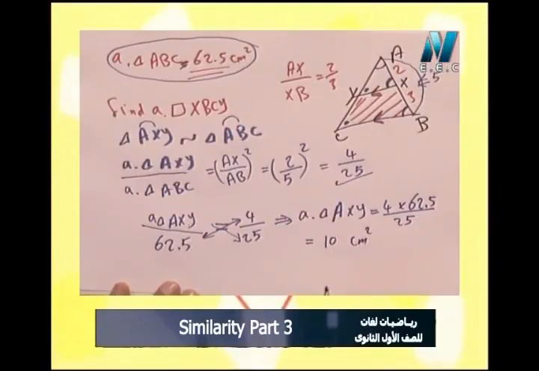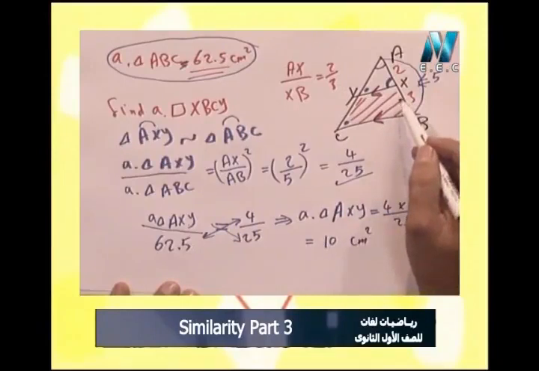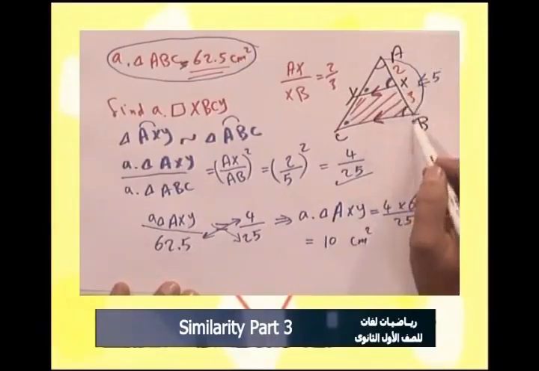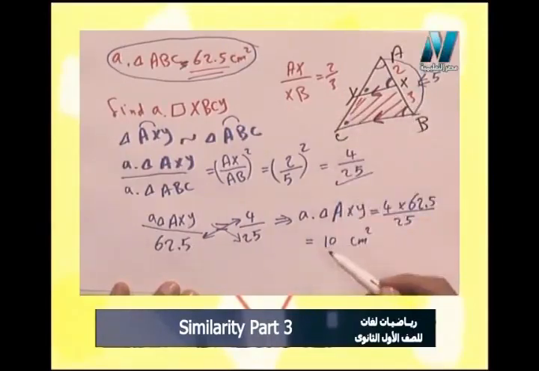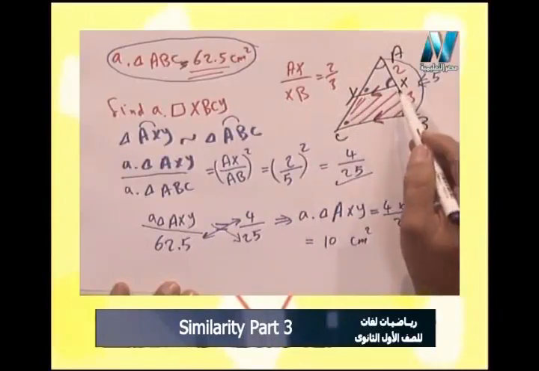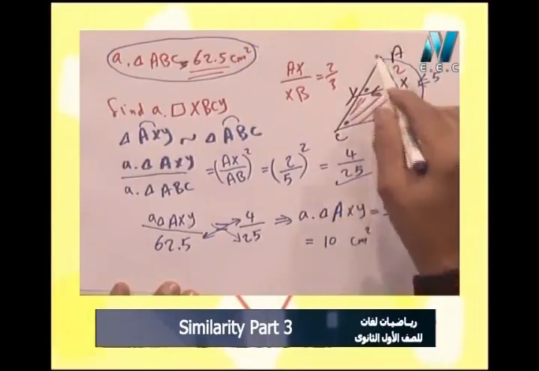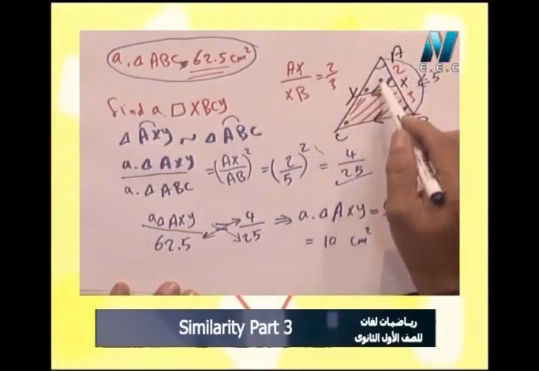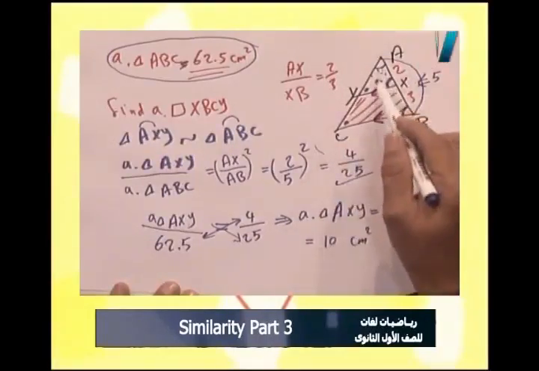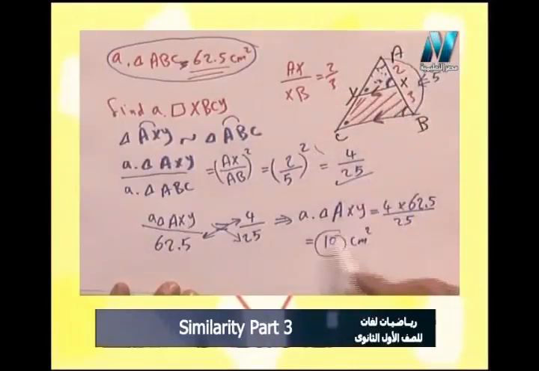But we want to find the area of quad XBCY, and we know that the area of the quad XBCY equals the area of triangle ABC minus the area of this triangle, which is now 10.